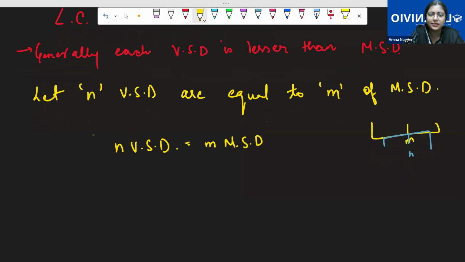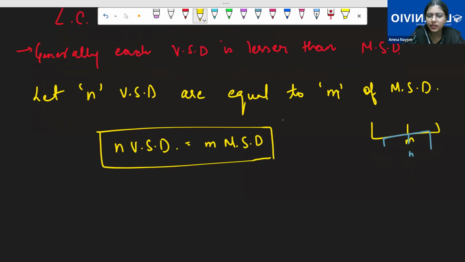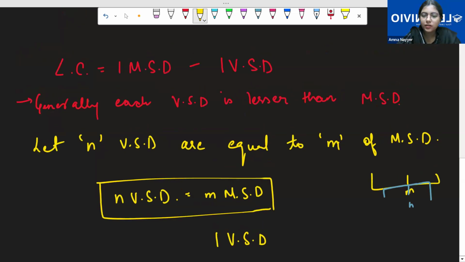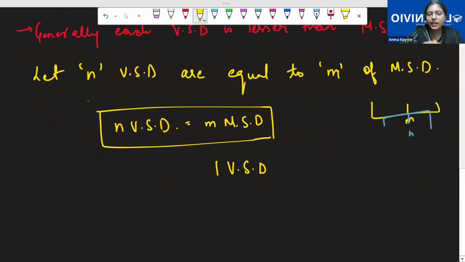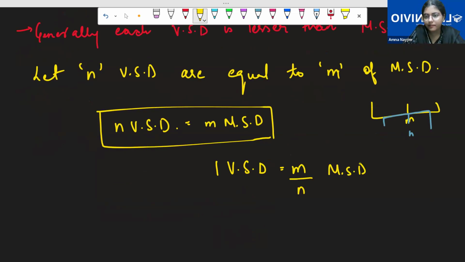That's it. This is a very easy formula to remember, and a lot of questions will be solved from here. Usually you will have to calculate the value of one VSD. Look, if I give you this data, the number of VSD coinciding with the number of main scale divisions, and I ask you what's the least count. So see what you can do, you can say one VSD is basically m by n MSD. Like this you will get. Okay.